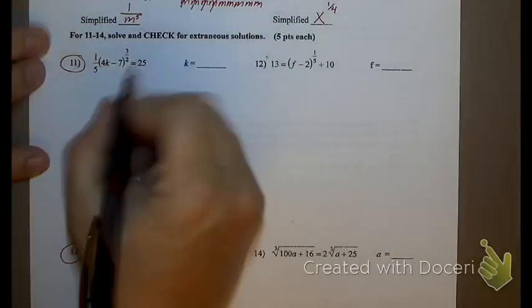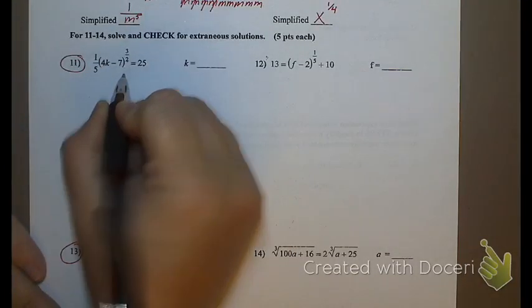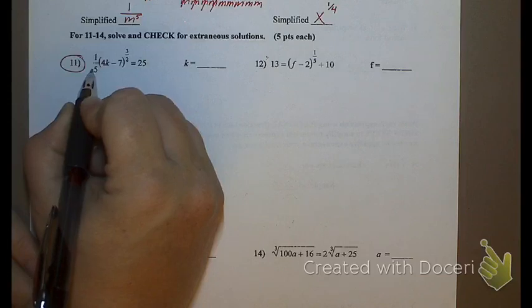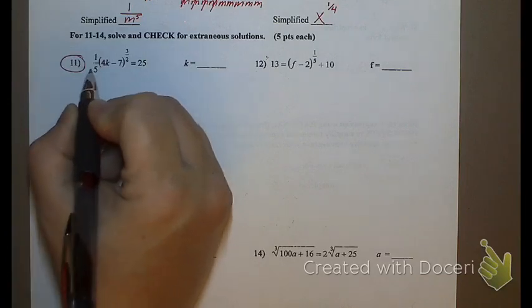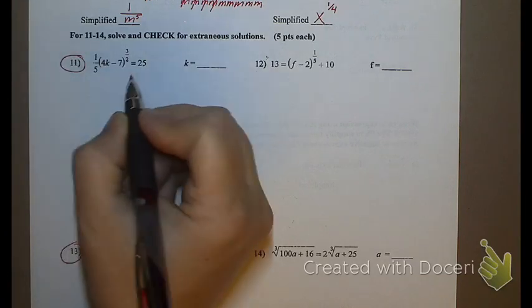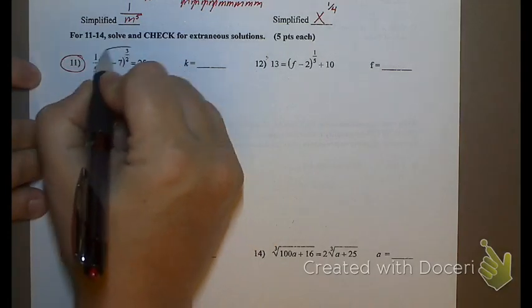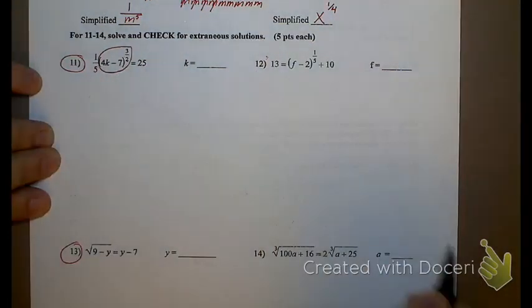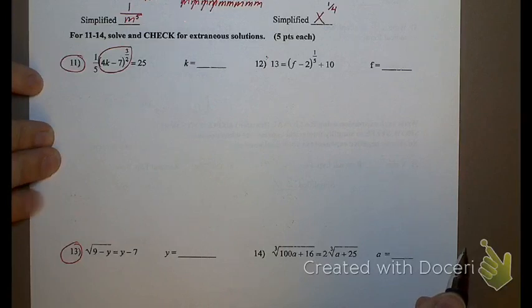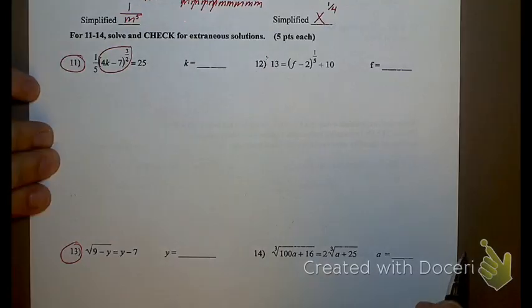Okay? So, starting here, I have a fraction in front. What do I do with that fraction in front? How do I get rid of it? Because my radical is not by itself. My radical is just this guy. So I can either divide by 1/5 or I can multiply by the reciprocal, right?